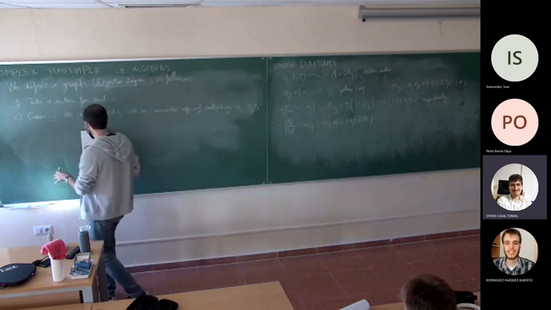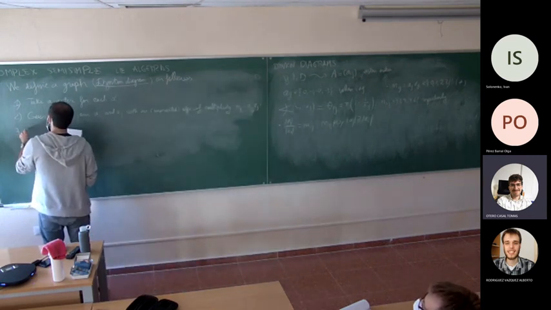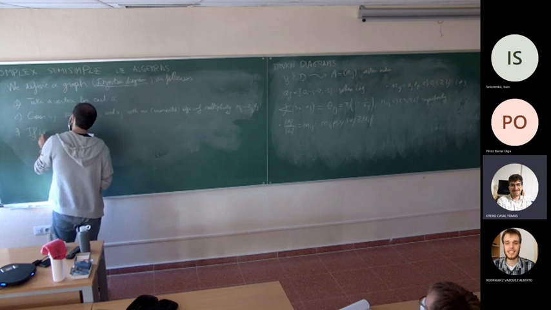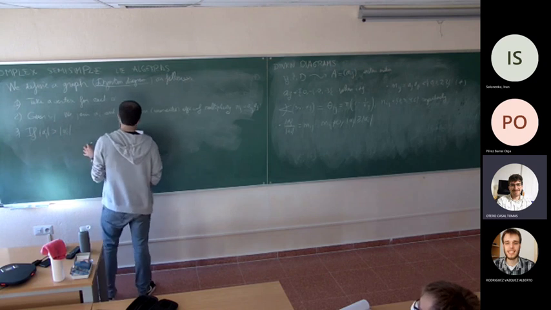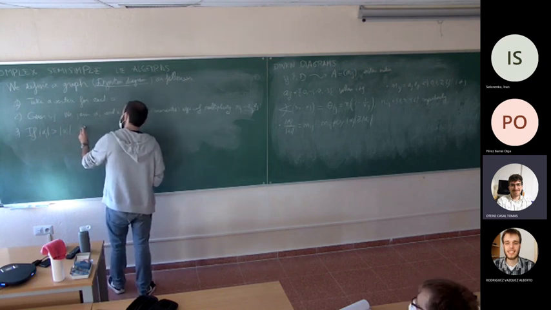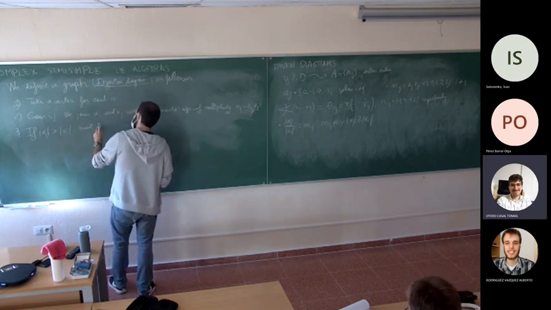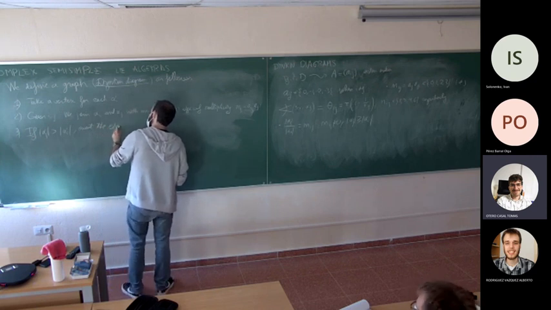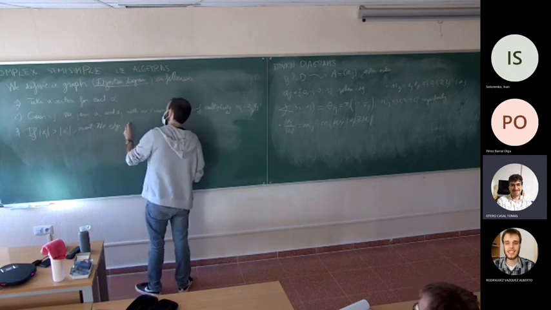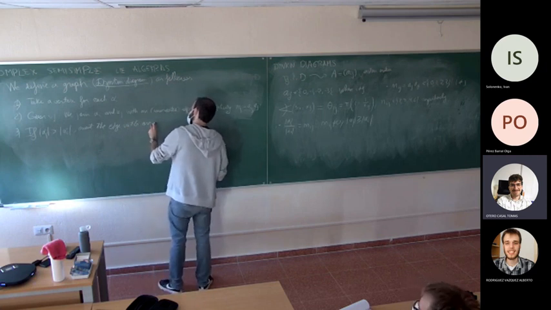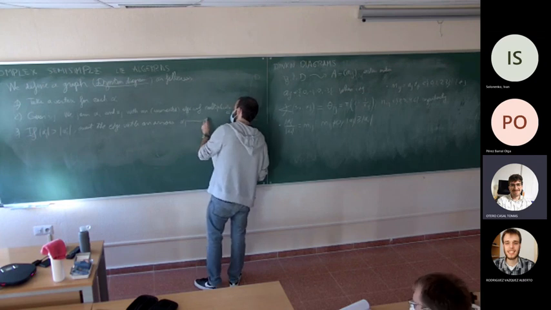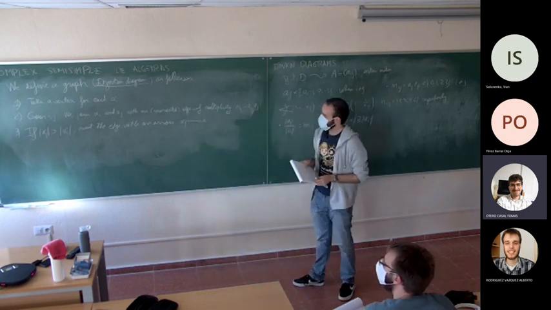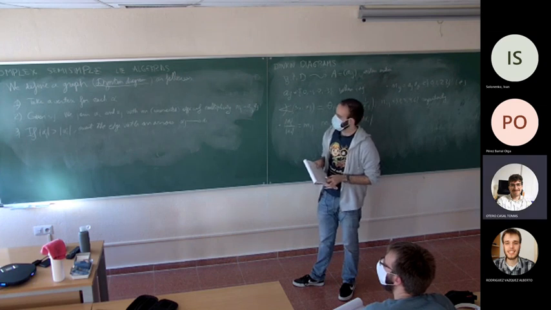And finally, if the norm of alpha_j is greater than the norm of alpha_i, we orient the edge with an arrow from alpha_j to alpha_i.